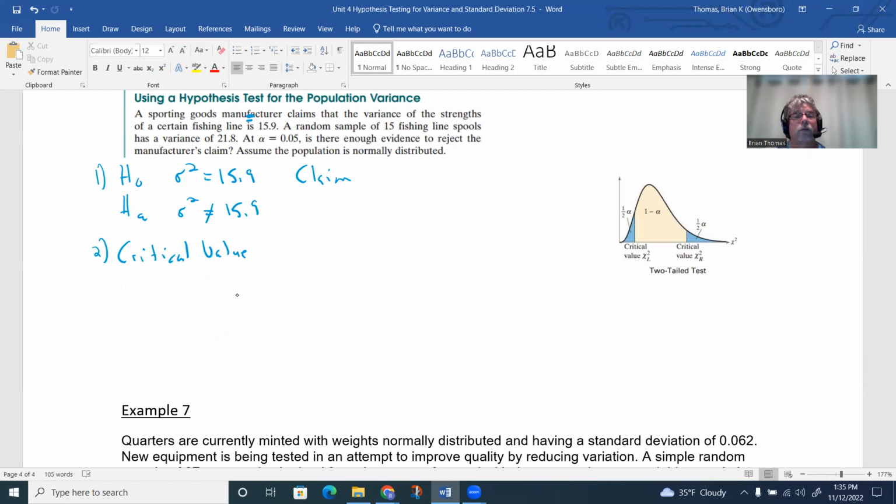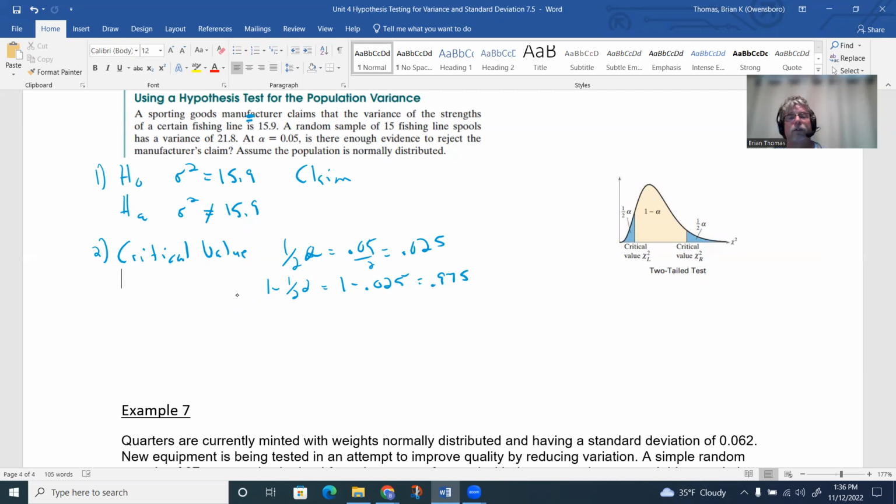Since alpha was 0.05, the first thing we have to pick up on is what half alpha is. That's 0.05 divided by 2, which is 0.025. Then we also need to know 1 minus half alpha. In other words, what is 1 minus 0.025? That should be 0.975.